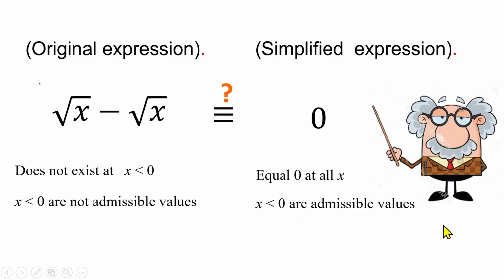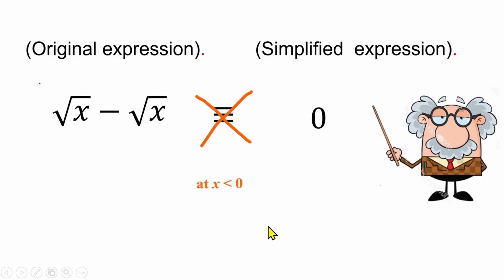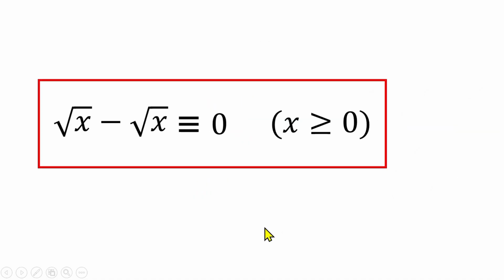It means, again, that we cannot use this equivalence for x less than 0. The right answer can be presented in this form, that this is equal to 0 when x is greater or equal to 0. Again, we can replace this sign with just this and consider this as a final answer.